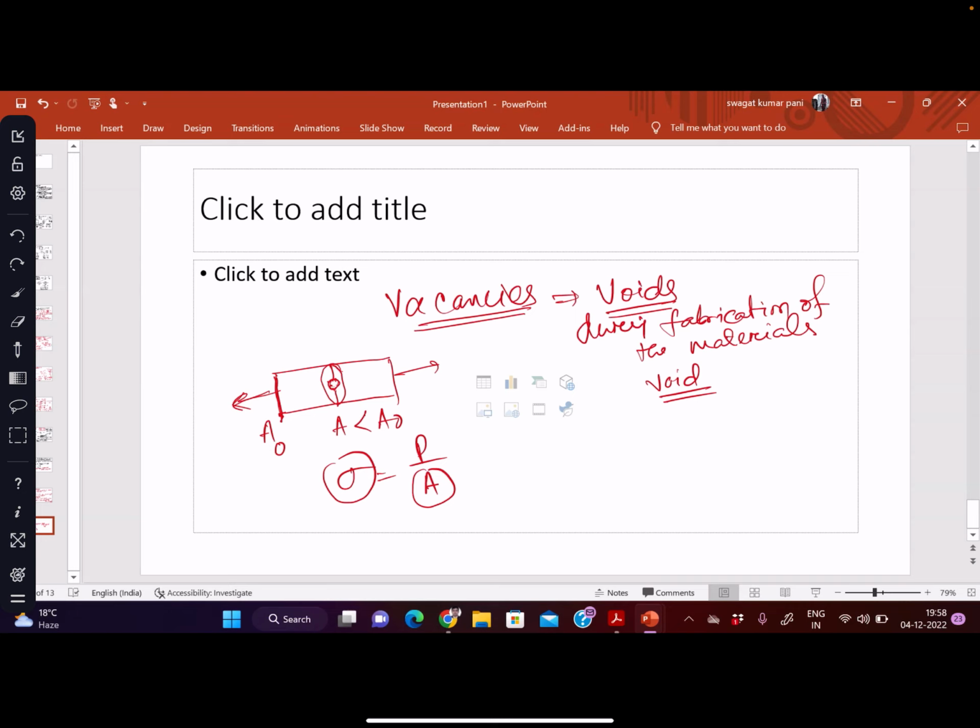So vacancy is not the right term, it should be voids. Any region where there is some defect, the same thing will happen. The regions will be weakened and deformation will take place in those regions. Then strain hardening will occur in those regions and that will stop. Some other region will be picked up.